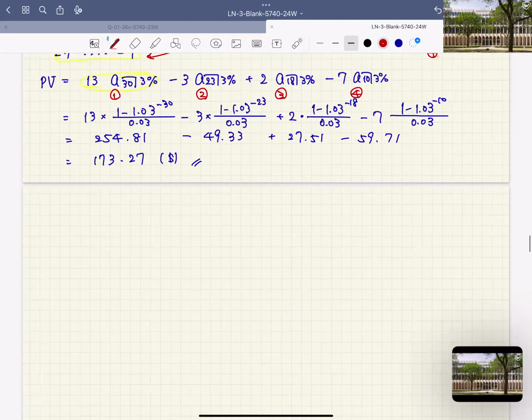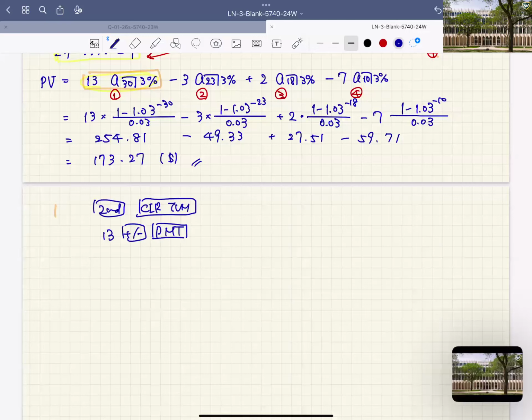For example, if you want to calculate this one, you can use the TVM function. At first you can type second, clear TVM. Then you push these numbers, like 13 is the amount of payments, so plus minus, payment.